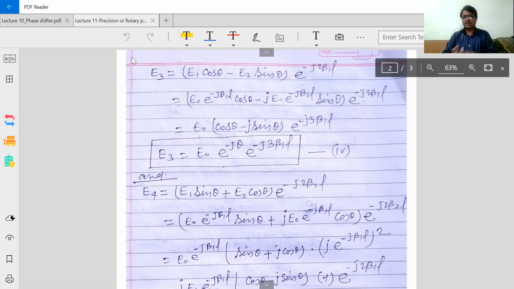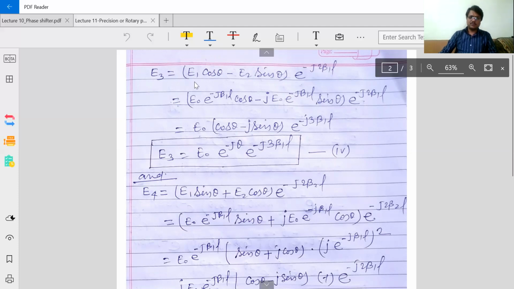At the output, its phase will change with 2 beta 1 L, or beta 1 into 2L, because we have considered lambda by 4 equal to L. So the length of this rotary section is 2L, because it is lambda by 2 length. So at the output of the rotary section, this equation will be multiplied by e to the power minus j 2 beta 1 L.